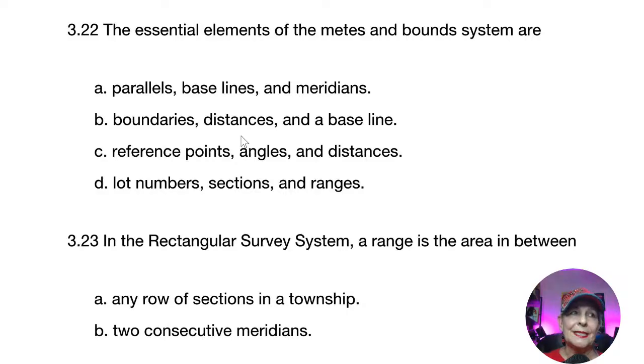B, boundaries, distances, and a baseline. C, so this metes and bounds is used like with acreage out in the county. So the answer for 22 is C.